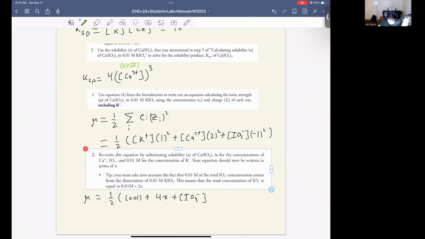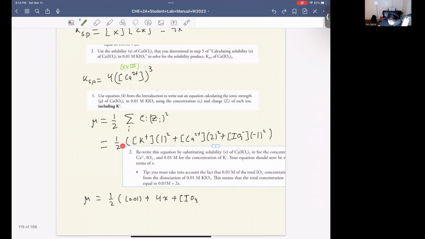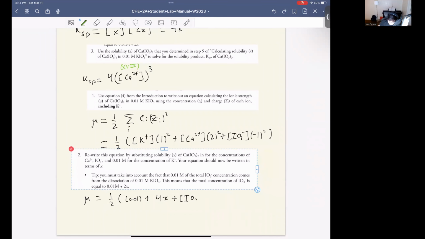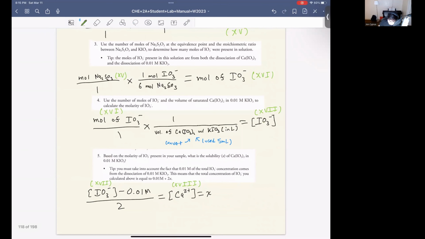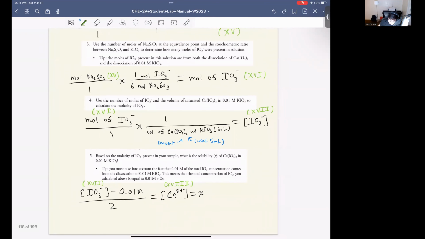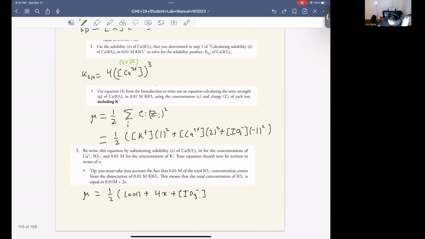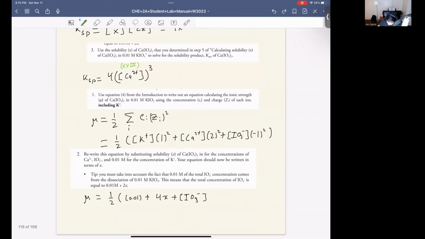This is some number that you got back here, right? It is over here. So that is from label 17. It's not equation 17. We have a few more than that.